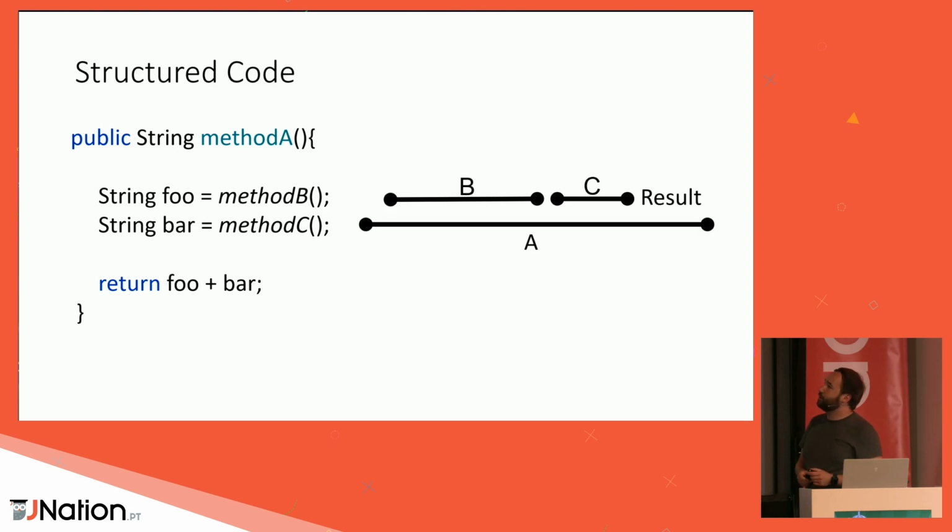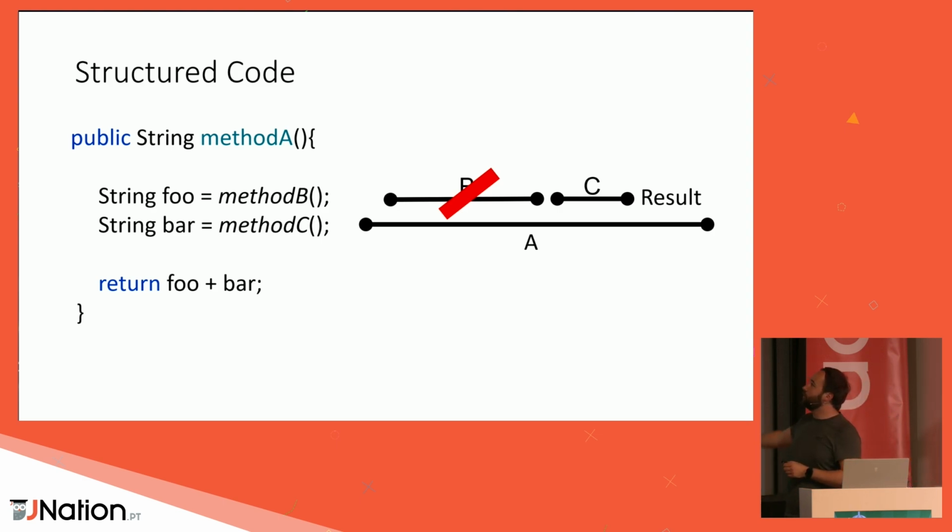And the great thing about this structured code is that it tells me exactly what is happening when. So inside the lifetime of method A, I will first call B, then I will call method C, and then I have a result that I can return to the caller of method A. And when something happens, I know exactly that I can stop right then and there.